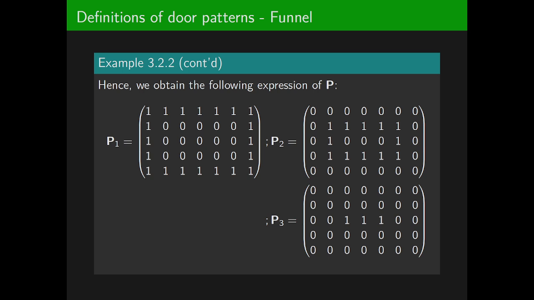And that is the funnel pattern. Yeah, so much complexity just to give you a pattern that has rings. Math is fun. So that's how you really define a complex pattern. Hopefully you understand the procedure much better now.